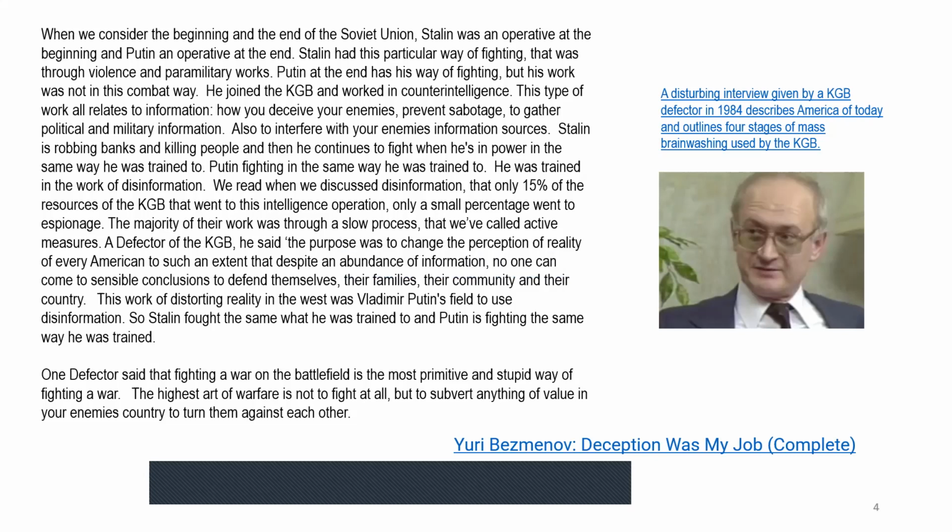Stalin is robbing banks and killing people, and then he continues to fight when he's in power in the same way he was trained to. Putin fighting in the same way he was trained to. He was trained in the work of disinformation.